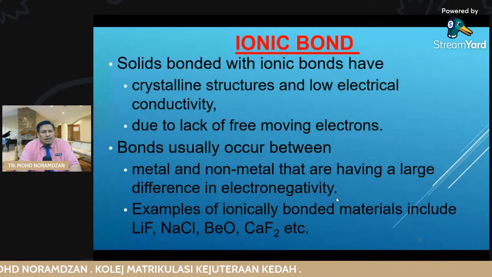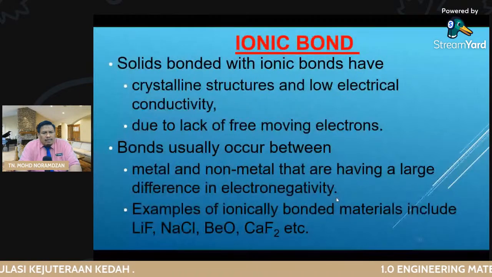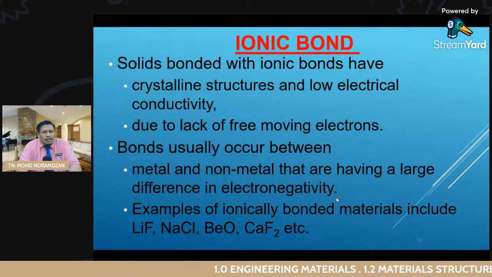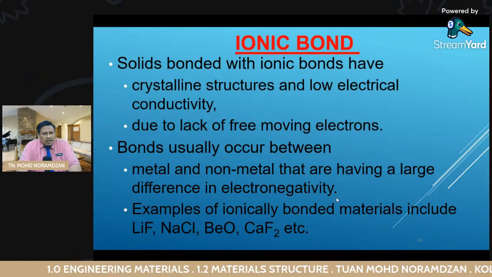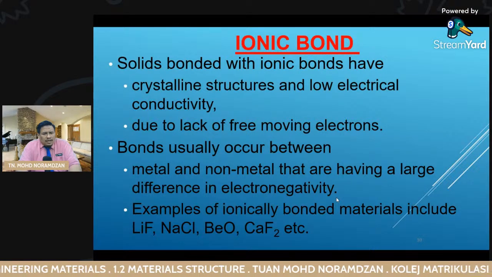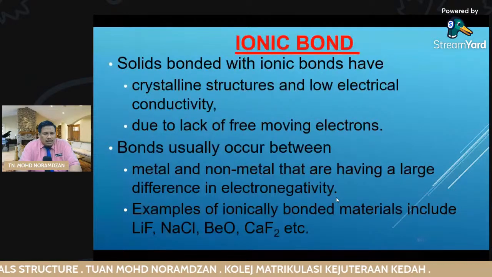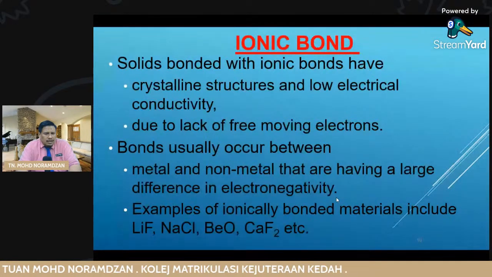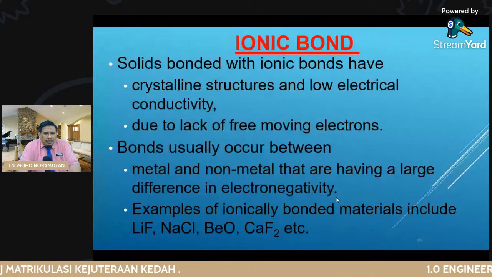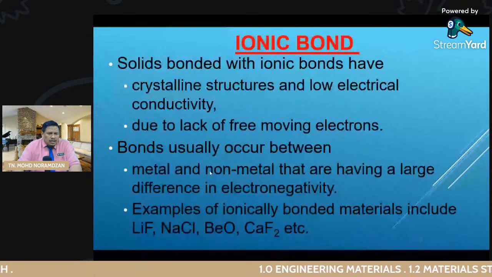Okay, ionic bond usually occurs between metal and non-metal that have a large difference in electronegativity. Examples: lithium fluoride, sodium chloride, barium oxide, calcium fluoride, and etc. Okay, so you must remember the examples. You can see this is lithium and fluoride.